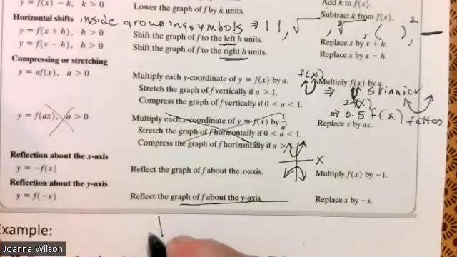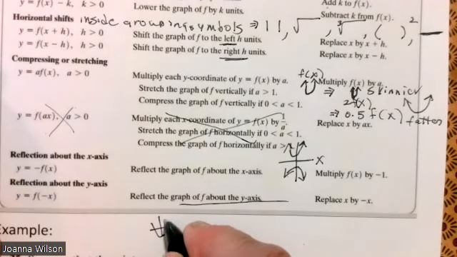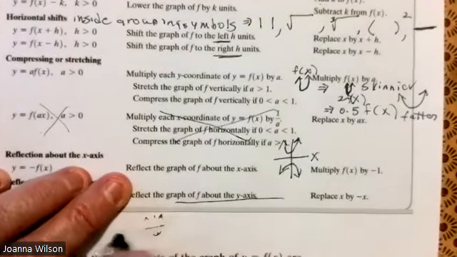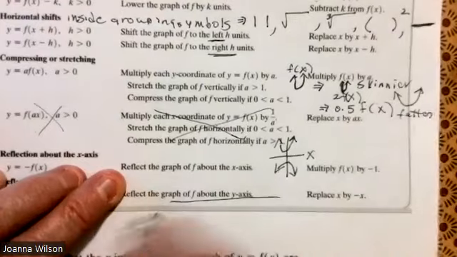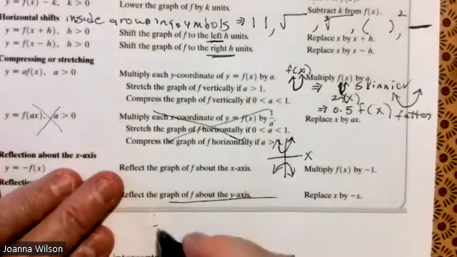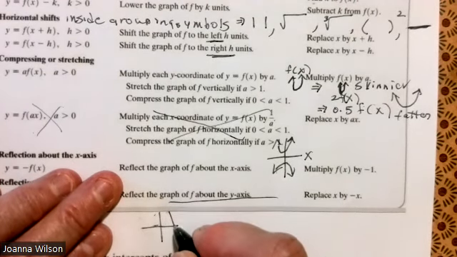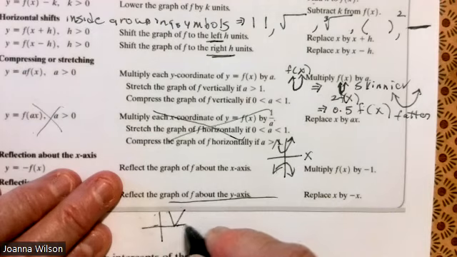So if it looked like this, say it's a parabola, or let's do one that's not symmetric with respect to the y-axis. Let's do, how about an absolute value.